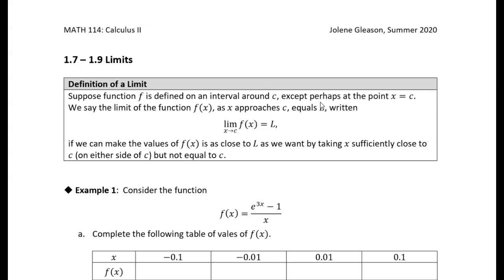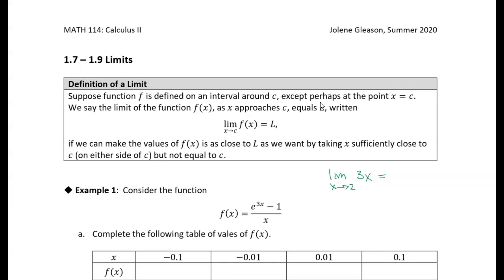For example, if we have a function, let's say 3x, and we want to know the limit as x approaches 2. Well, in this case, we can just actually evaluate 3x at 2 and get a value. We can actually go there. But we could also figure it out by kind of sneaking up on it.